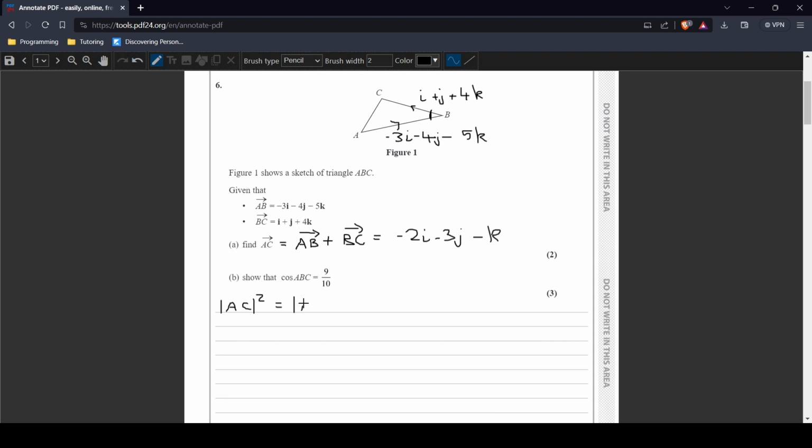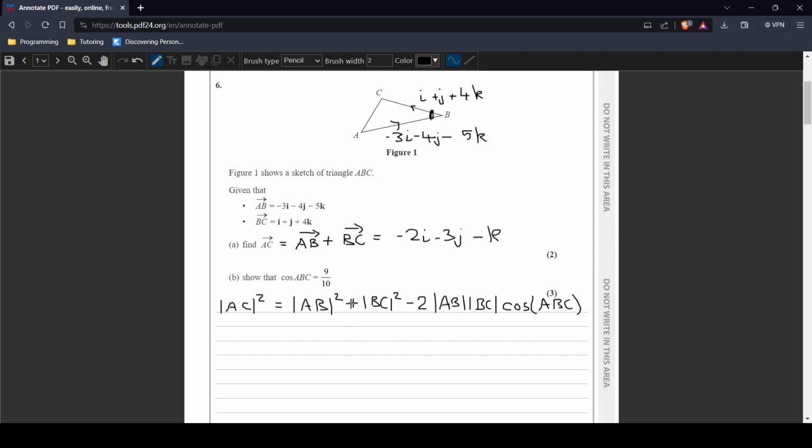So it is equal to the length of AB squared plus the length of BC squared. But then we have to do minus twice the lengths of each of those, so the length of AB and the length of BC, and then we also times by the cosine of this opposite angle, so cosine of angle ABC.